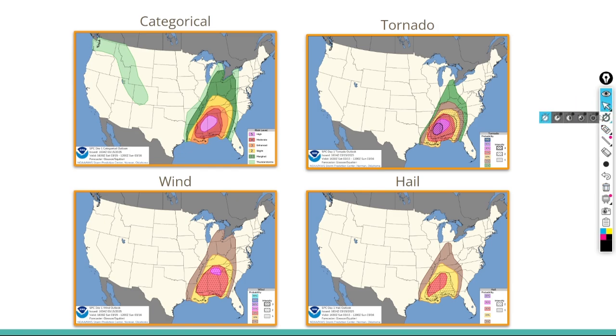I haven't really studied too much about what SIG 1 will be, because I know our hatched area used to be 2-inch diameter hail and 75 mile per hour winds. I'm not sure about SIG 1, SIG 2, or SIG 3, other than I know that SIG 3 will be much more significant than SIG 1 or 2.